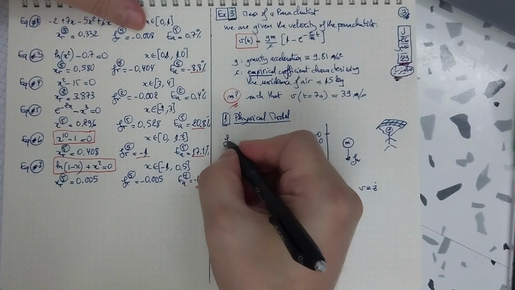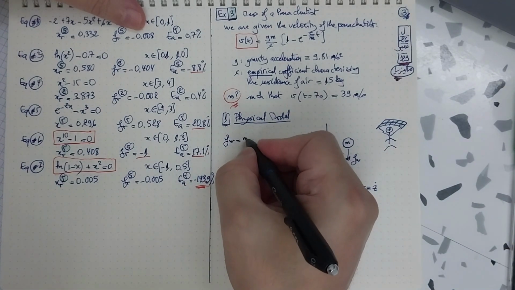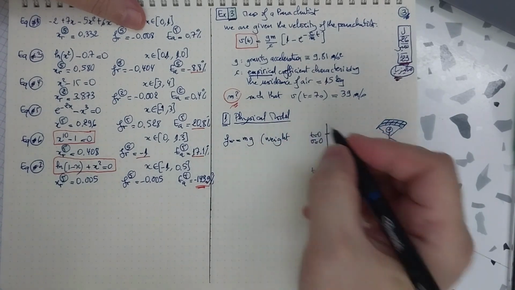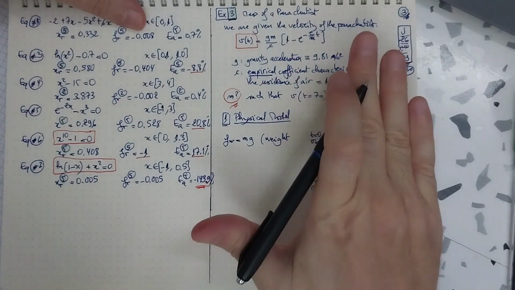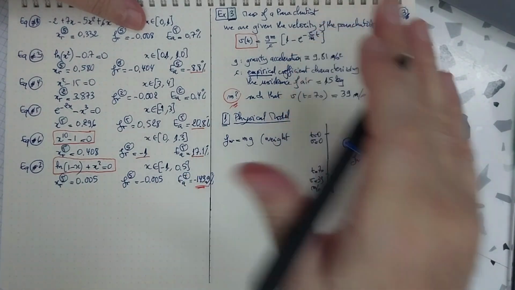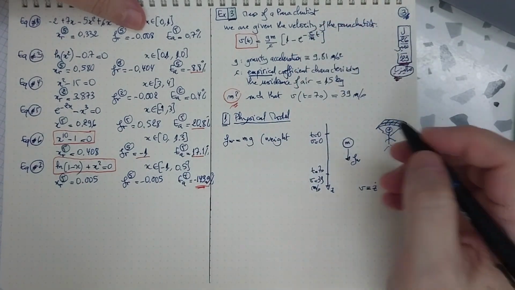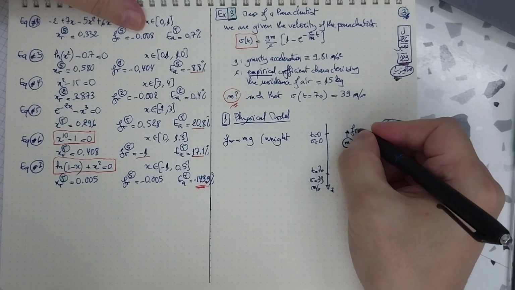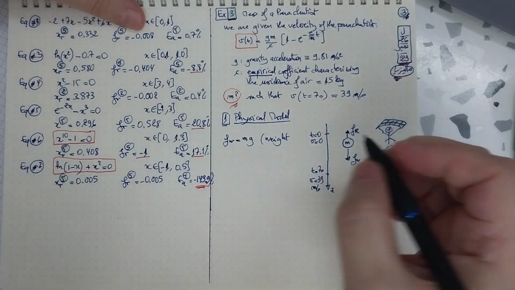Fw is mg, it's the weight. And the force that opposes the movement of this mass due to the parachute, let's call it Fr, resisting force.